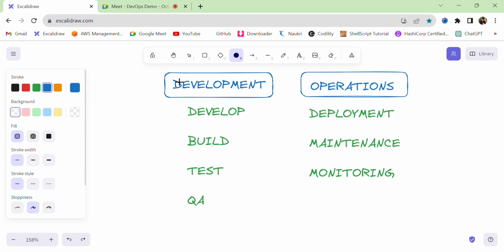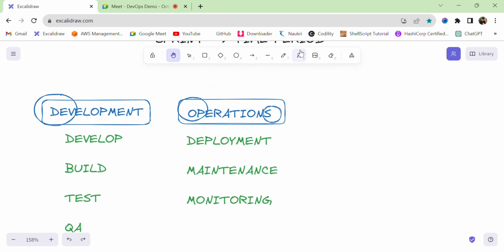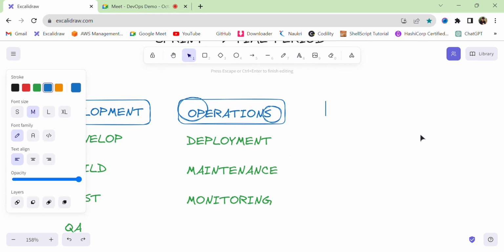So what DevOps did is, the dev from development was taken, and the ops from operations was taken, and these words were merged together to make DevOps. That is the reason it is written like this.